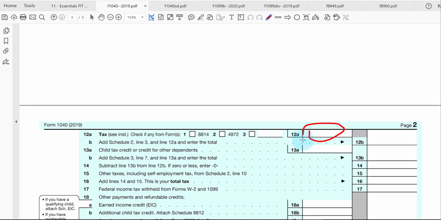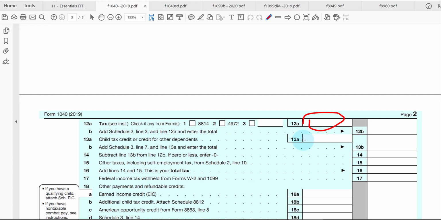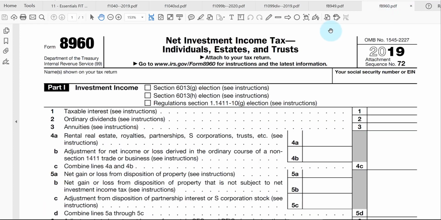Let's talk about one more tax, not income tax, but a tax for people that are relatively wealthy that have net capital gains and investment income. I believe we had briefly talked about this form called 8960, the net investment income tax, not regular income tax, but a tax on the taxpayers' investments, things like interest income, dividend income, some not retirement income, but annuities that was discussed in chapter 3.